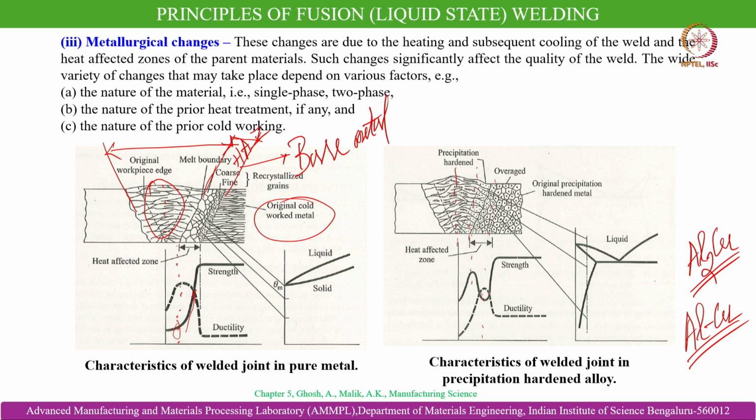Ductility follows the reverse trend: at the over-aged zone there is a drop in strength and a significant increase in ductility, a maxima of ductility, and then the ductility drops again when entering the precipitation hardened workpiece material.